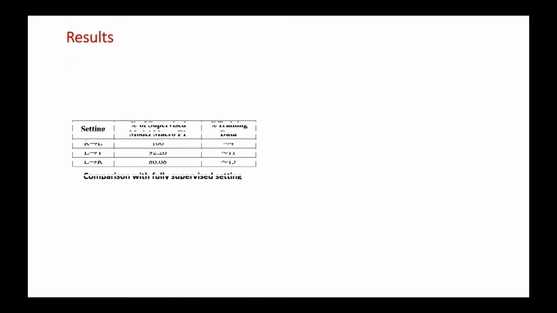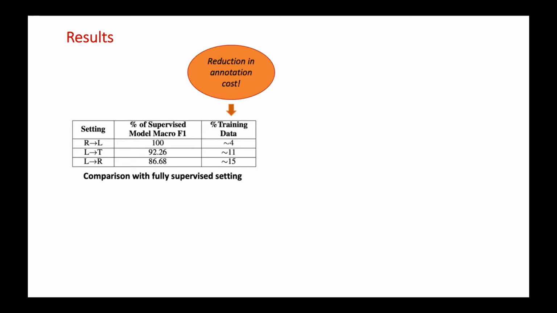The other interesting finding that we observed was that using our sampling methodology, we were actually able to obtain results pretty close to the fully supervised setting with just a fraction of the training data. And this was very useful for us because this led to reducing annotation cost overall, because this meant that we would not really need the entire training data of the target domain and were able to pick some examples that would help the model perform better with just a fraction of the entire data.